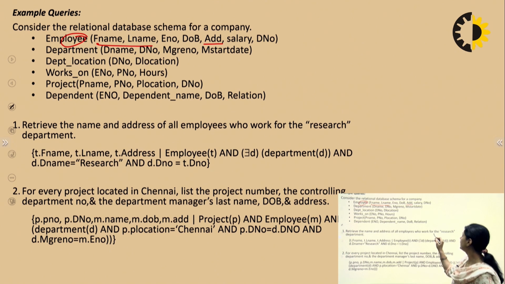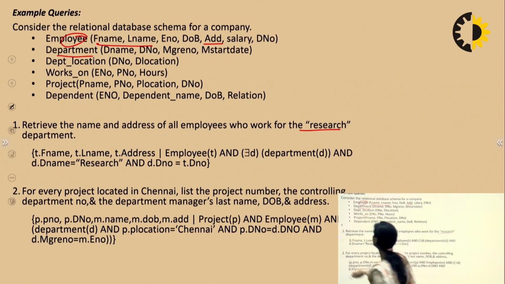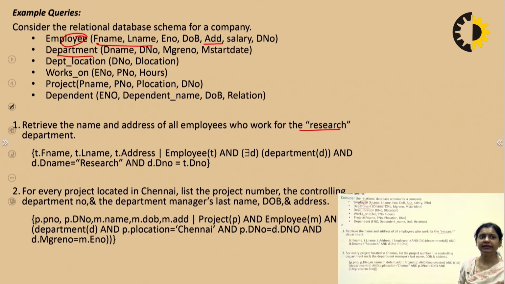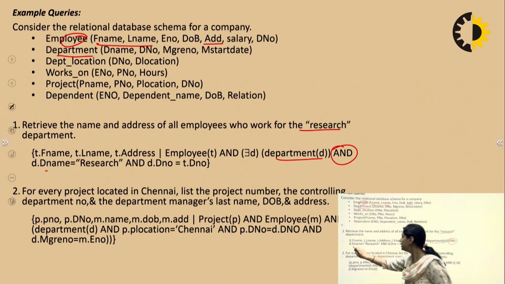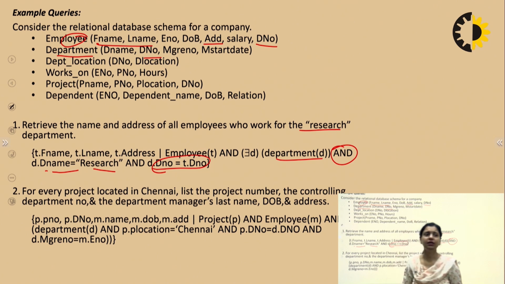Now they are asking for the research department. Because we are working on the research department, we would require the department table also. So we take there exists a tuple variable d from the department table, represented as d, where d dot dname is research, and the two DNOs need to be equal.